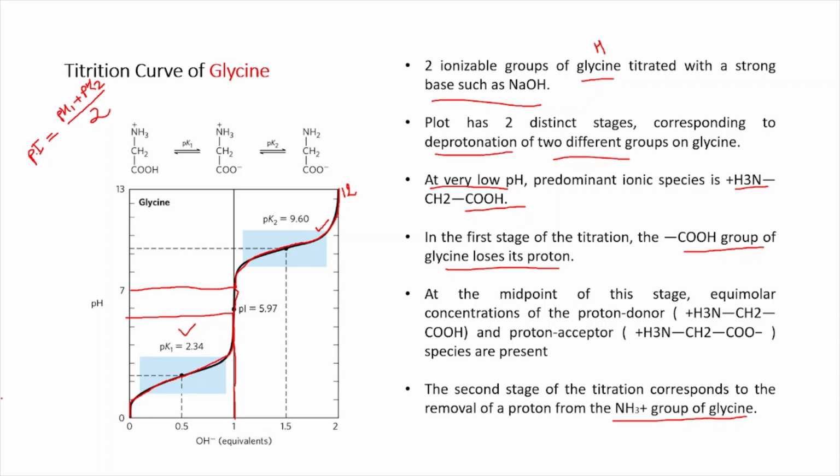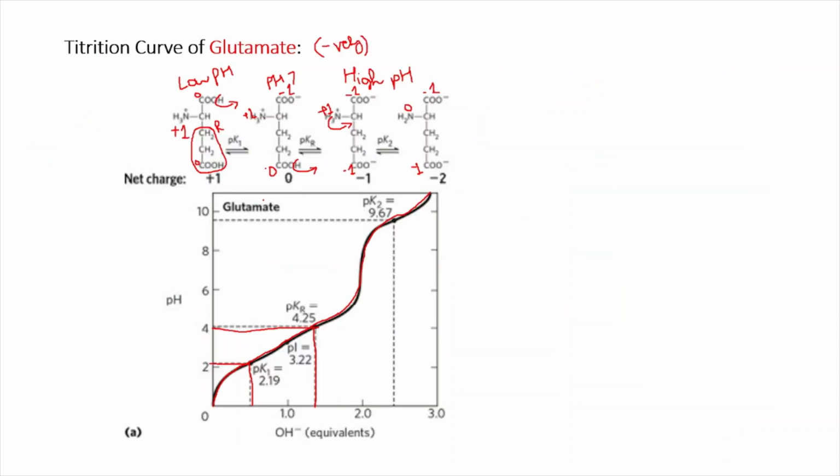So this is the pI of glycine, because in glycine the R group is the simplest, which is hydrogen. But in the case of glutamate, the R group is not as simple as that of glycine. You have a complex R group of CH2COOH, so you will get another point here, which is called the pKr.